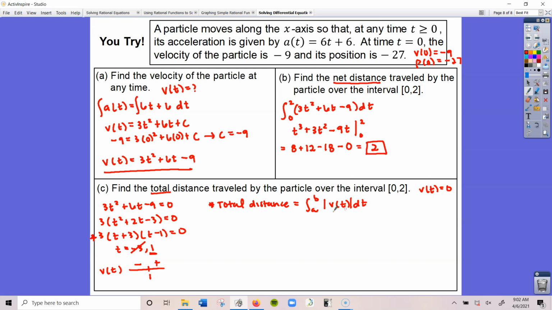But remember, we don't really know how to integrate this, so a way of bypassing this absolute value is we're going to integrate from 0 to 1, because that's where it changes direction, of v of t, which is 3t squared plus 6t minus 9 dt. We're going to get the absolute value of that plus the absolute value of the integral from 1 to 2 of 3t squared plus 6t minus 9.